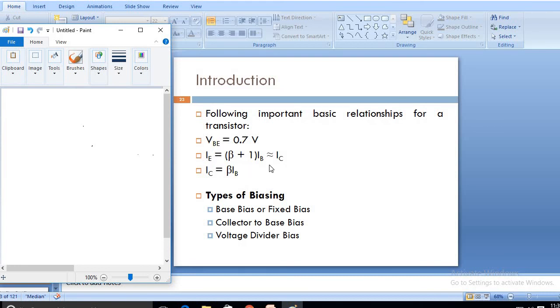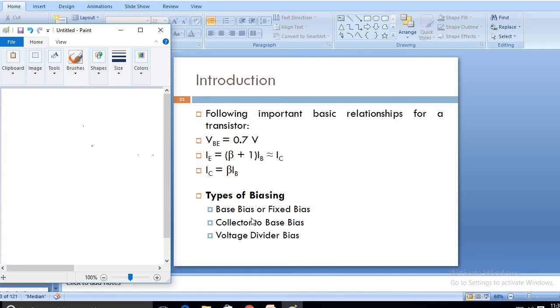IE is the emitter current, IB is the base current, and IC is the collector current. This is the interrelationship between them, and I will explain it while solving each biasing, but before that we should note these points. IC is equal to beta IB, where IC is the collector current and IB is the base current.